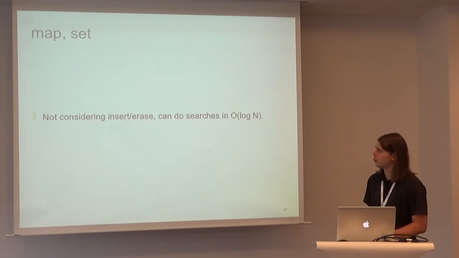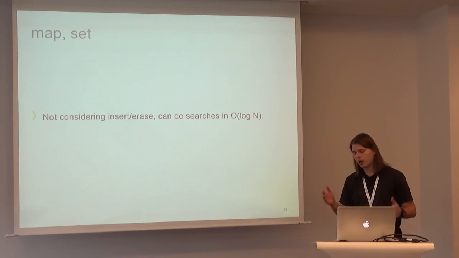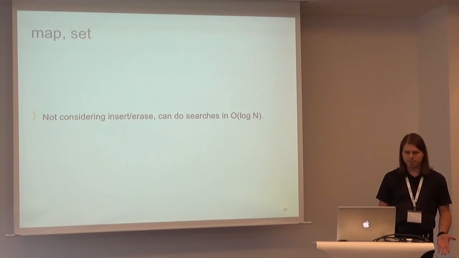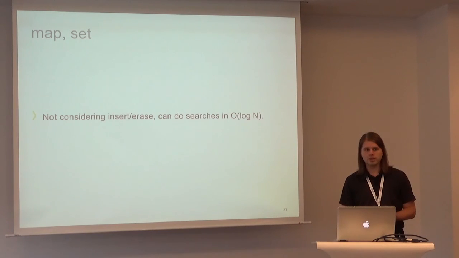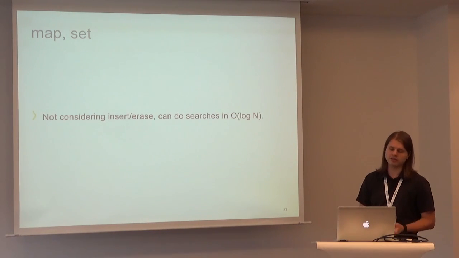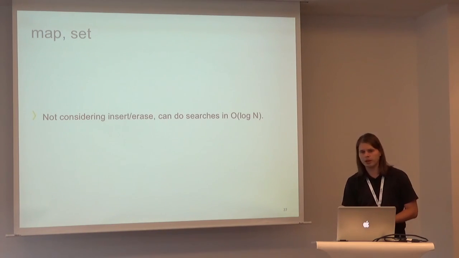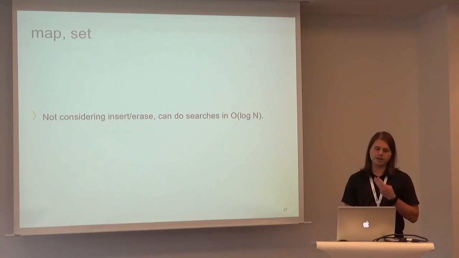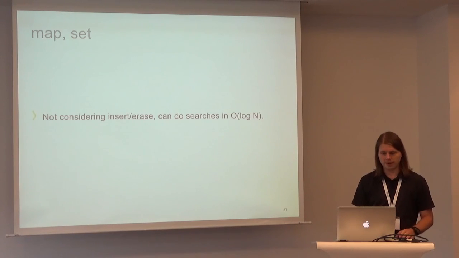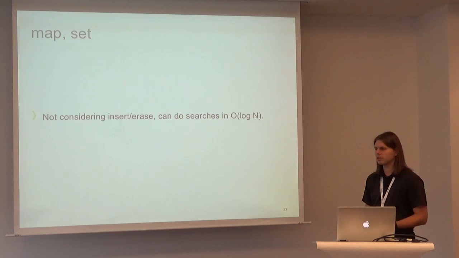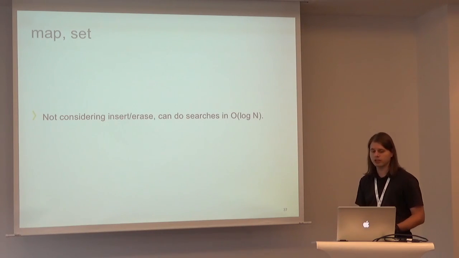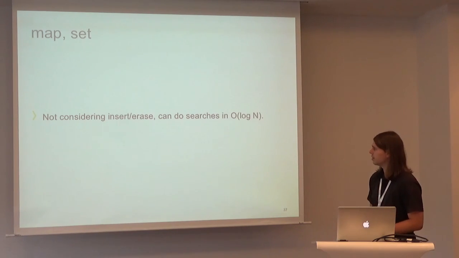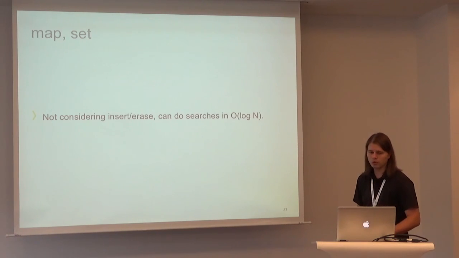What about the associative ones? Well, our map or set or whatever else usually provides 3 operations. It can search an element in logarithmic time, it can insert an element in logarithmic time, and it can erase an element, again, in logarithmic time. And like we said before, we're not interested in insertions or erasures, so the only operation left is search in O(log n).